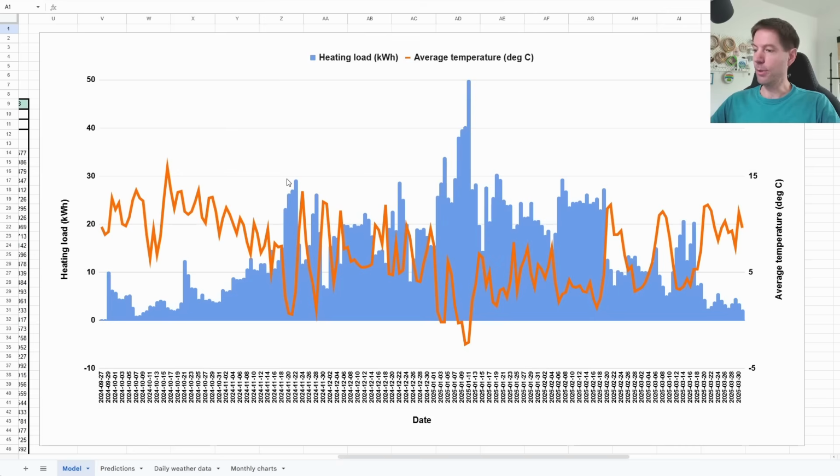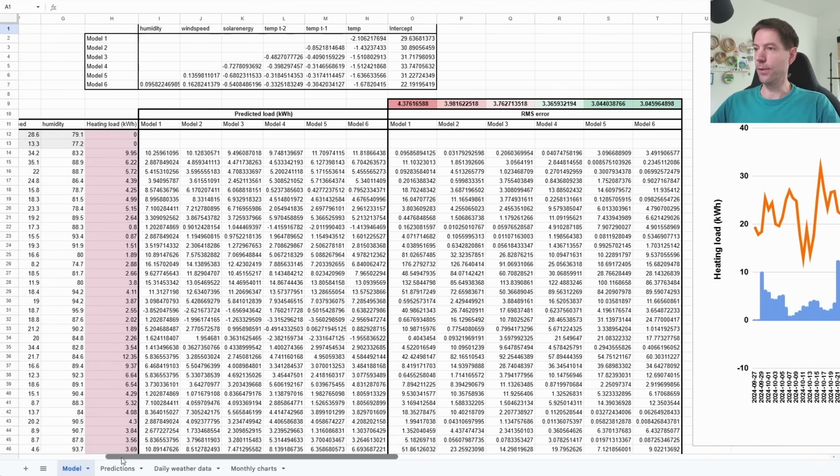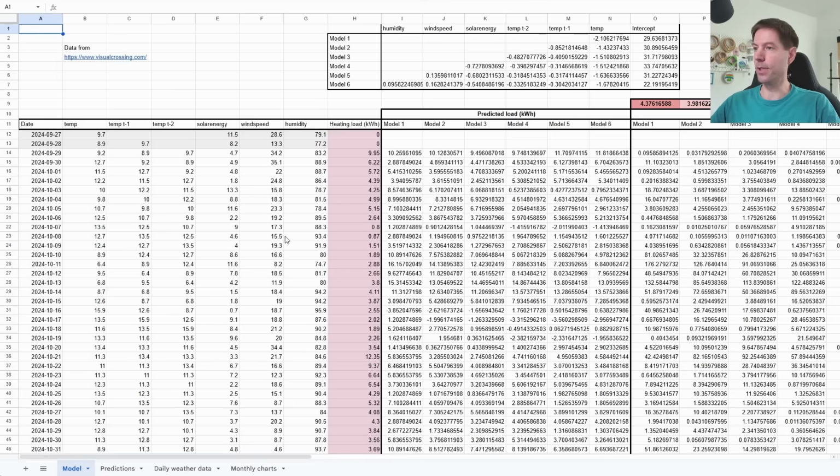So let me just show you briefly, before I get any further into this, what data I actually downloaded and where I got that from. If I scroll over to the left here, there's a whole load of numbers, which I'll go through in a minute. But there's a link here to a source of data where you can basically put in your postcode and then grab historical data for whatever period you like. It's called Visual Crossing.